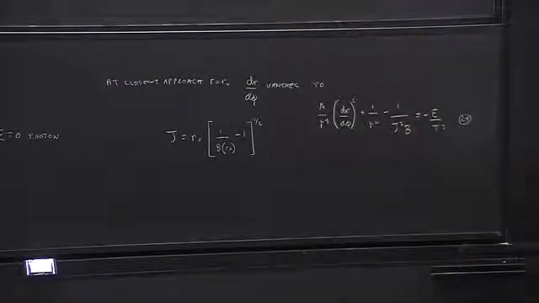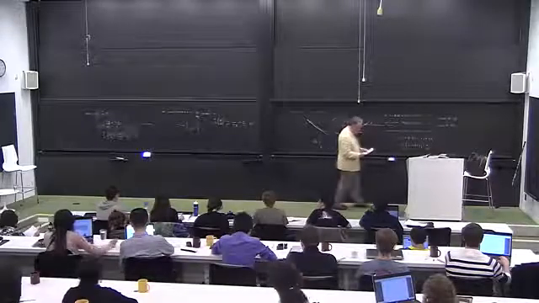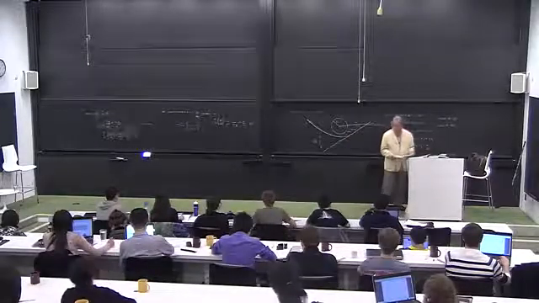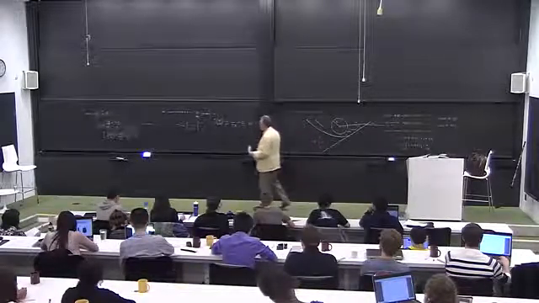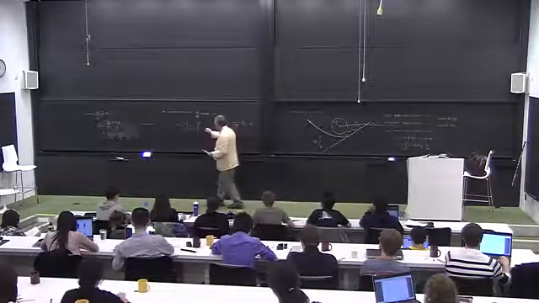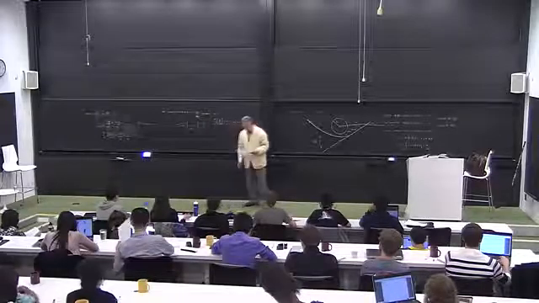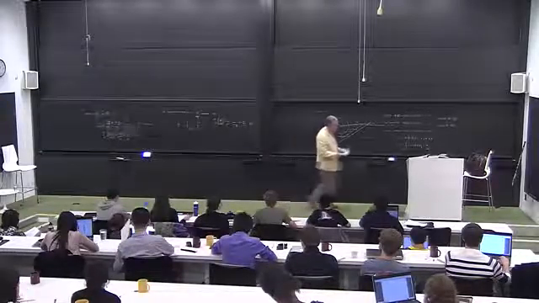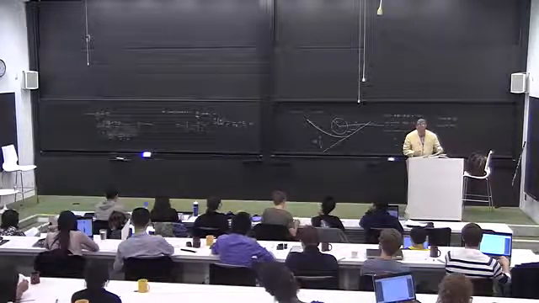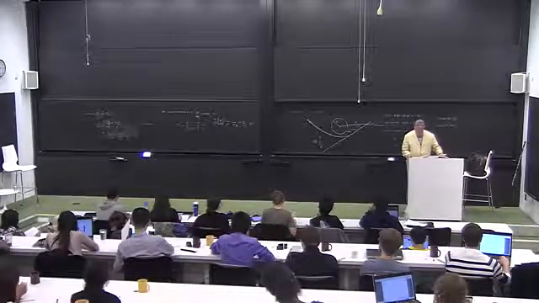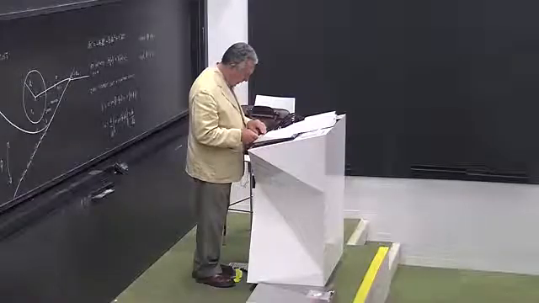Anyway, that's the equation we wrote yesterday. And if we look at r equals r naught, we find this. So that fixes J, B, in terms of J.